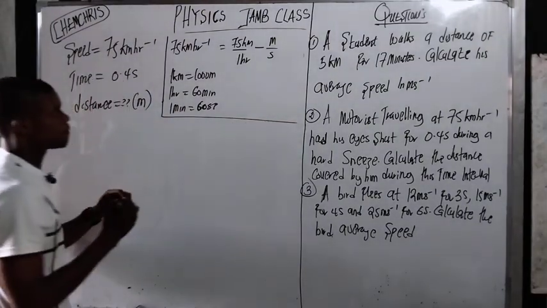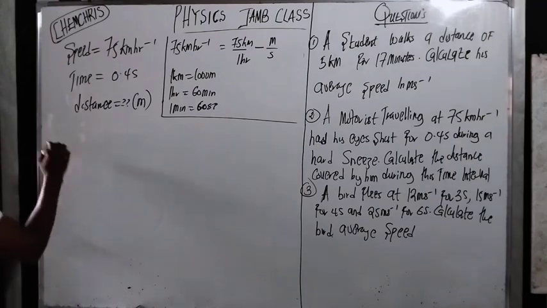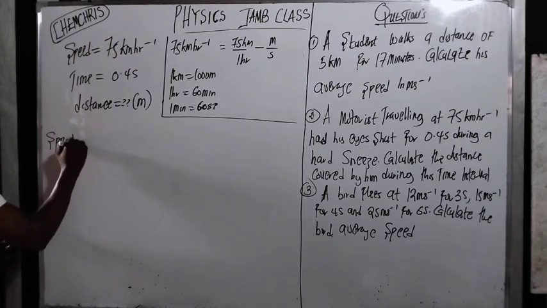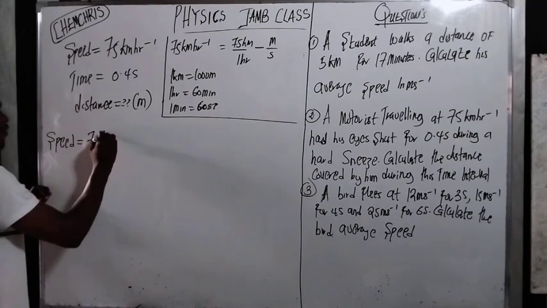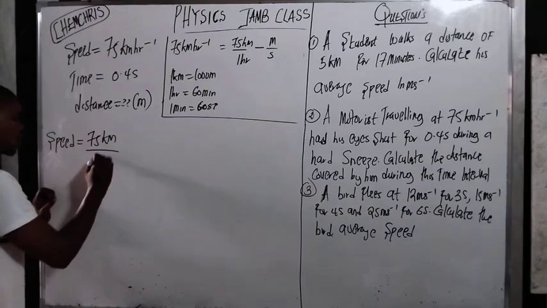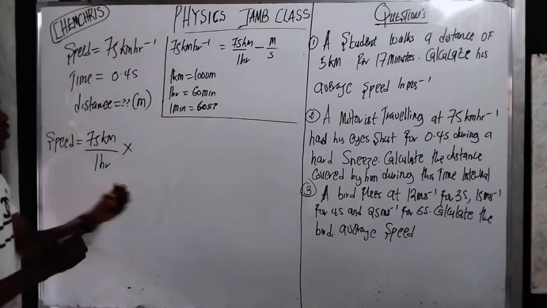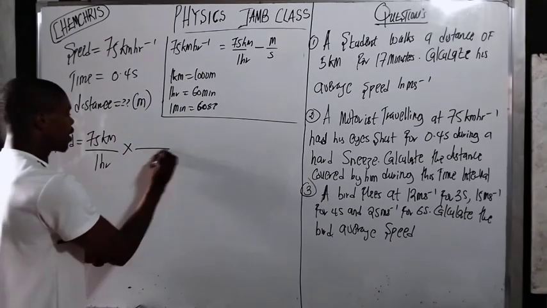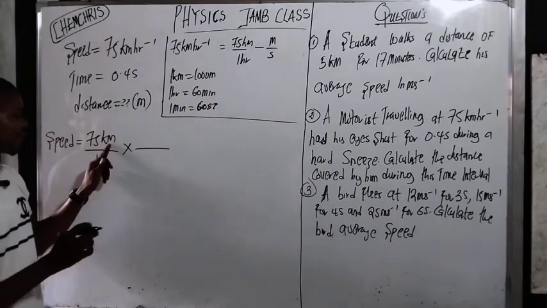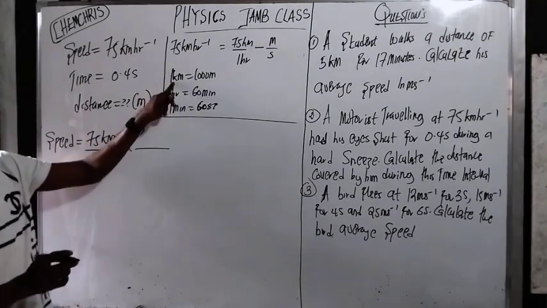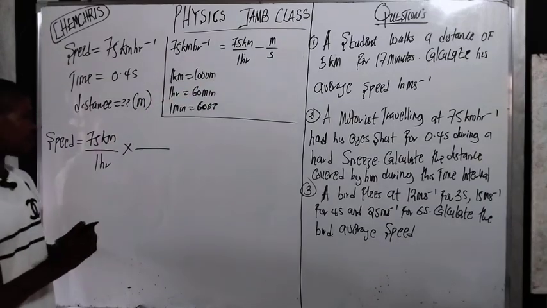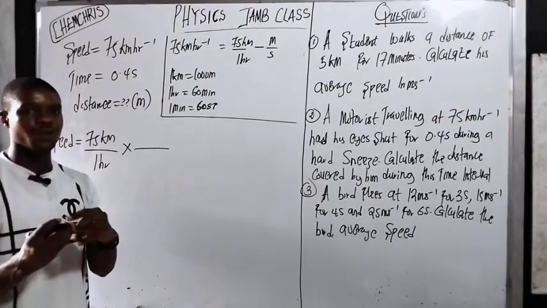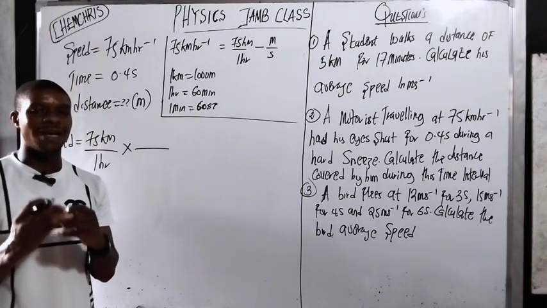Very important here. So my speed is going to be equal to 75 kilometers over 1 hour, times. So this is where I'm going to do the conversion. First of all, let's look at the distance. 1 kilometer equals 1,000 meters, right? Now, when you're doing your conversion, you must do it in such a way that the units cancel out.